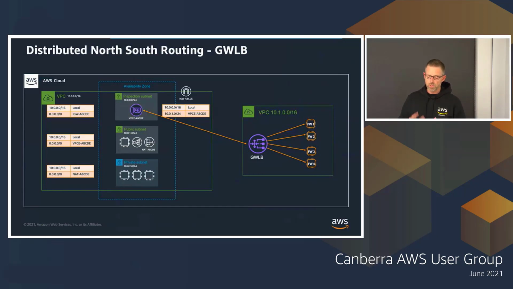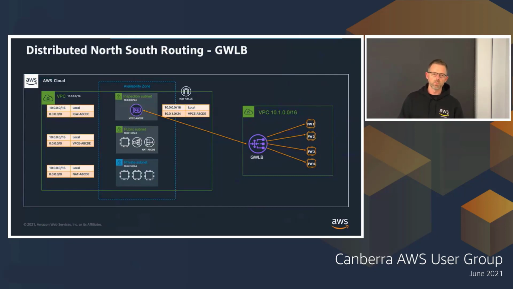So just looking at the routing configuration for each of these subnets. In your private subnet down the bottom, the default route goes out to the NAT gateway, which lives in the middle public subnet. In the public subnet, your default route goes out to the Gateway Load Balancer endpoint.